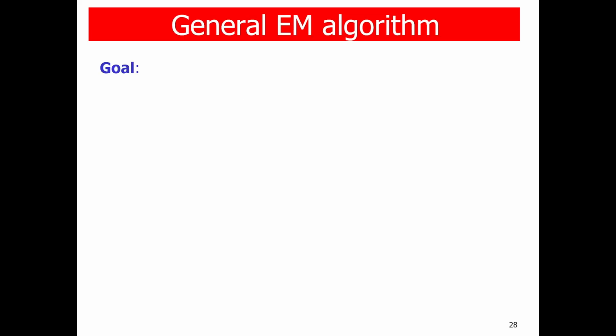First, we will just discuss how the expectation maximization or EM algorithm works and what the main steps are. Then later we will discuss why these steps make sense. So our goal is to maximize the log likelihood function. The EM algorithm consists of two steps: the expectation step or E step and the maximization step or M step.